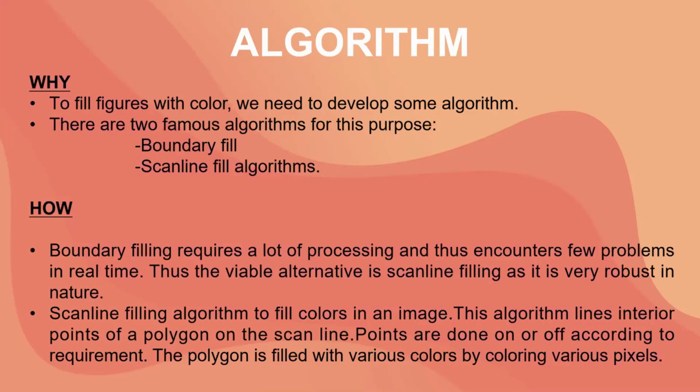If I want to fill the interior points of that square, I can use the scan line algorithm easily, because I should not move the points on and off according to my requirements. I just apply the algorithm and put in whatever colors are preferable. That is how we moved from the boundary fill algorithm to the scan line fill algorithm.